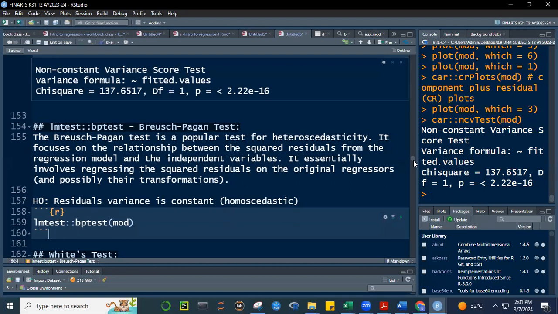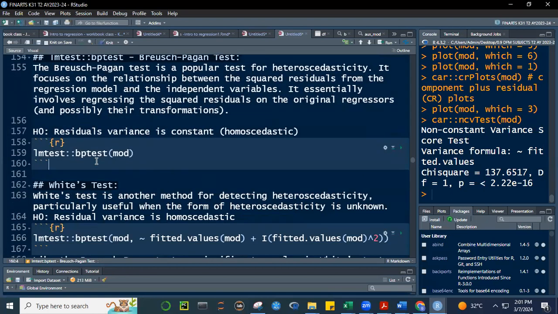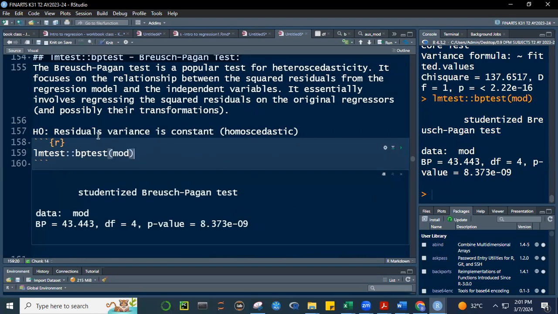It's from the lmtest, linear model test package. I think we already loaded this before. So you can use library lmtest or just use the namespace lmtest. And if we run this, it's the same, class. The null hypothesis is the same here. The Breusch-Pagan statistic is 43.44.